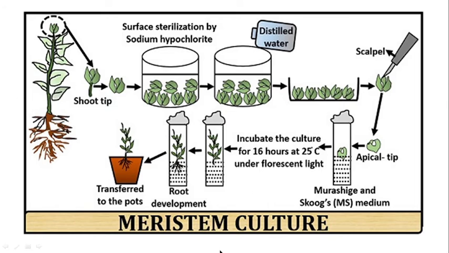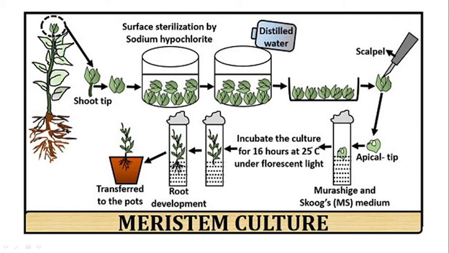After that, meristem culture. In case of meristem culture, when we see the plant, the tip of the root as well as the tip of the shoot contain meristematic tissue. These meristematic tissues are continuously dividing and developing tissues, and they undergo continuous cell division and new cells are generated.